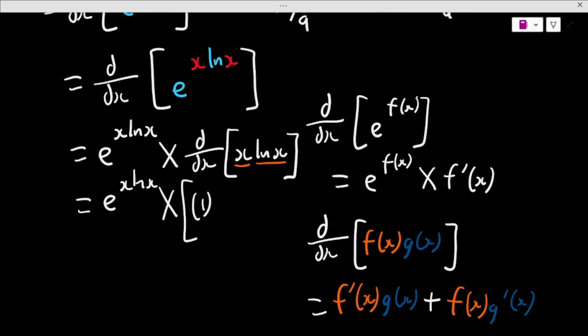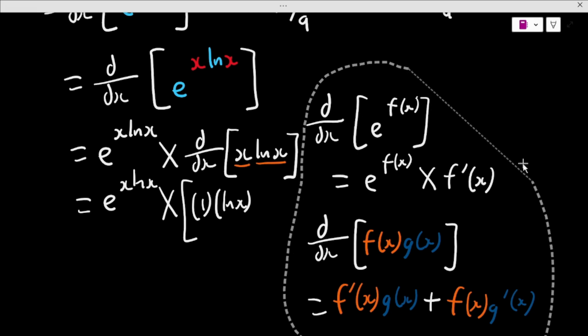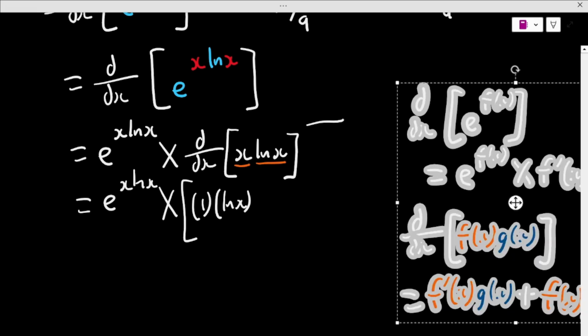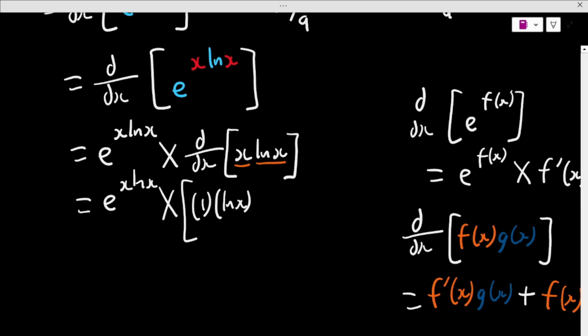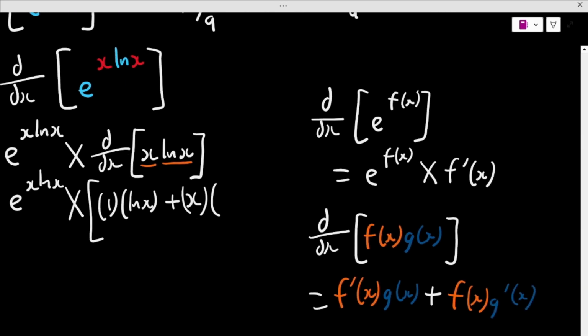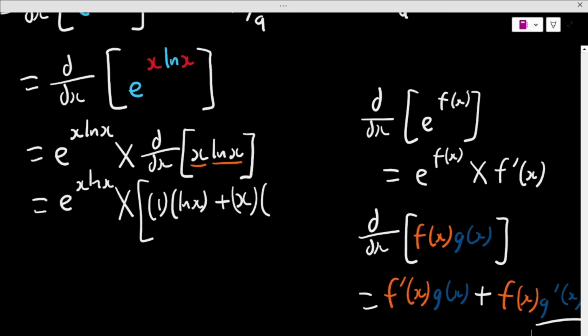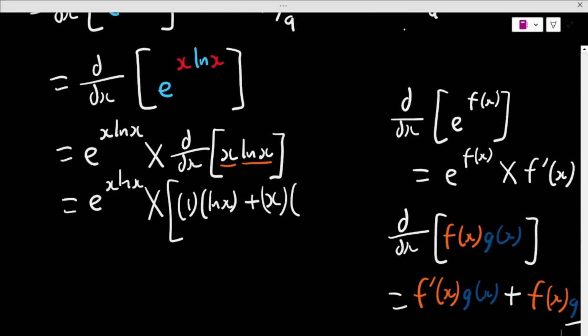And then we are going to copy ln x. Next, we are going to be adding x times the derivative of ln x, because it's g prime, as you can see right here. The derivative of ln x is going to be 1 over x, so we just write it down.